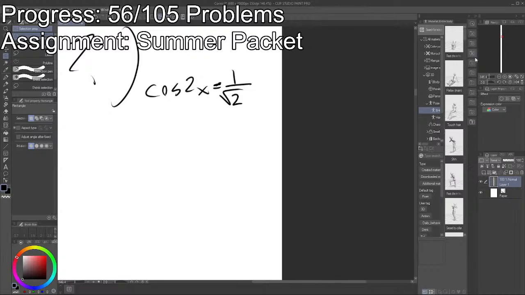Photomath help? Possibly? Nope. Photomath's pretty useless for that.